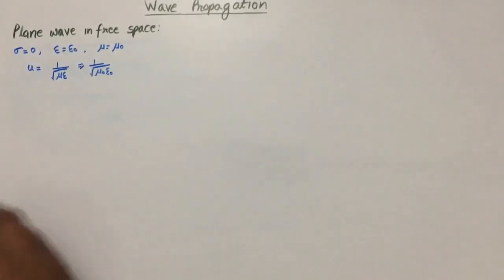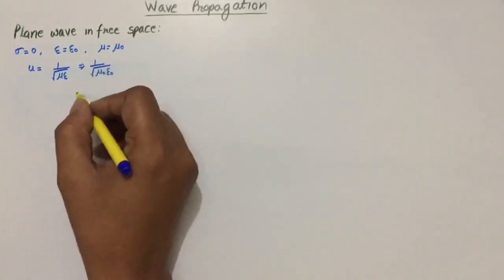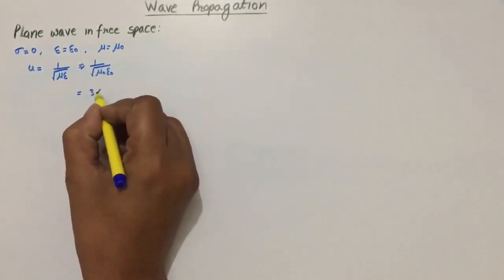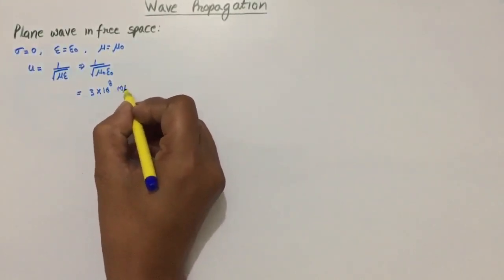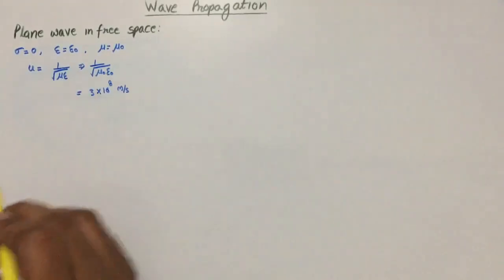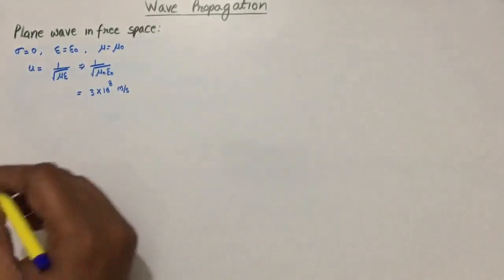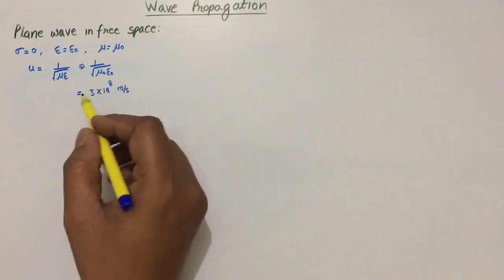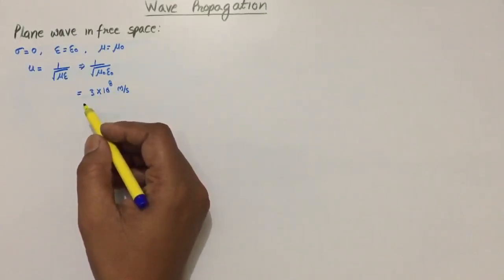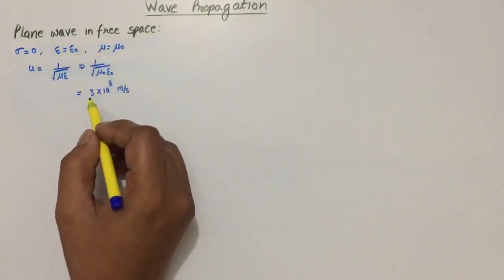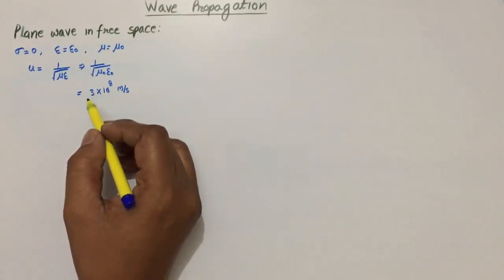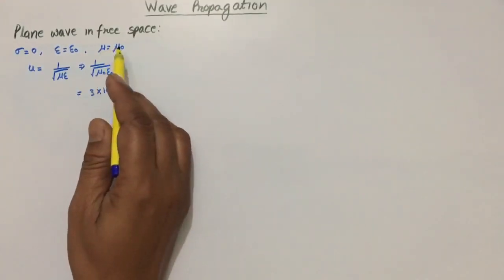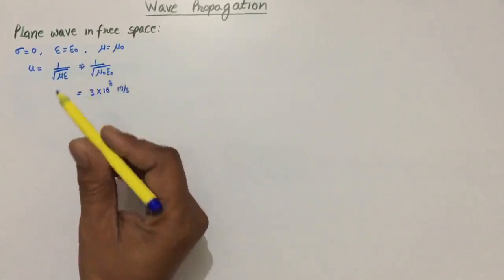If we solve this, we will find a well known value, that is 3 times 10 to the power 8 meter per second, as it is speed. This is the speed of the plane wave in free space, and this is another known value, that is the speed of light. So in this way we can say the plane wave propagates with the speed of light in free space.